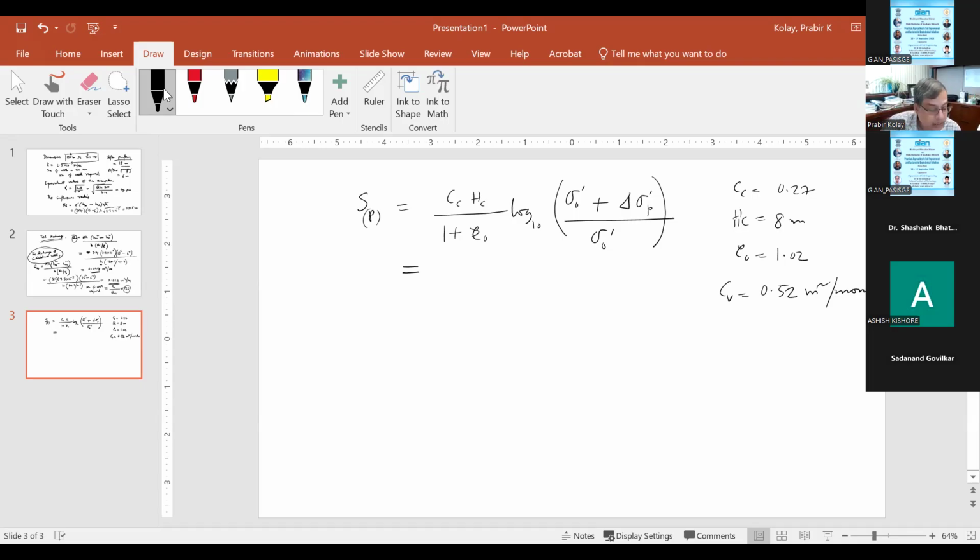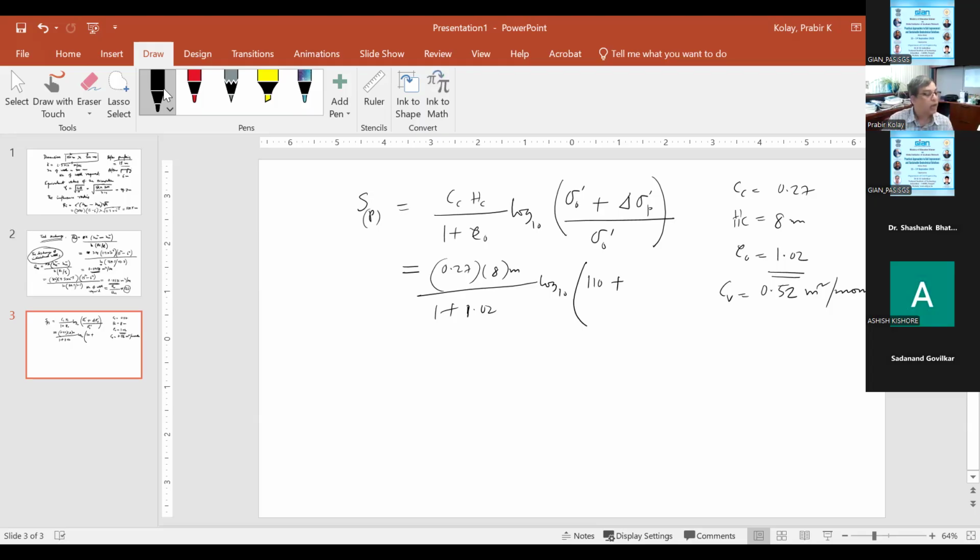So again, what I need to do is just plug in all these values. The Cc is 0.27. Hc is given 8 meter. 1 plus e naught, 1.02, log of 10. Sigma naught, that one you need to calculate how much is the pressure. So initial pressure was 110 before fill, and that is given already in the problem.